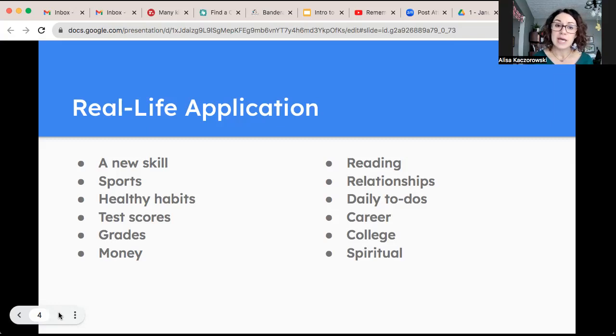As adults and kids also, my kids regularly do this, we set goals revolving around money. We're trying to save up a certain amount of money to be able to buy this thing or take this vacation or have this amount of money in our savings account. One thing that my kids set goals for at school is reading, the number of words that they read, because they have a million words club.